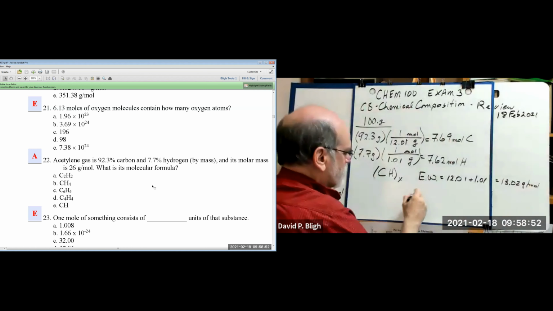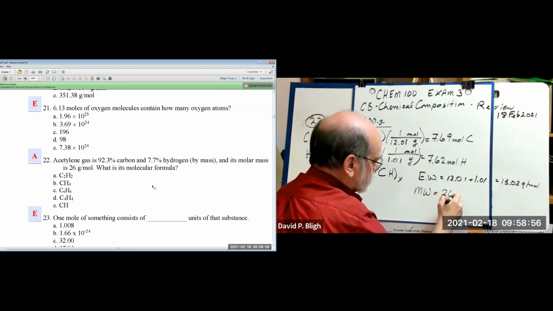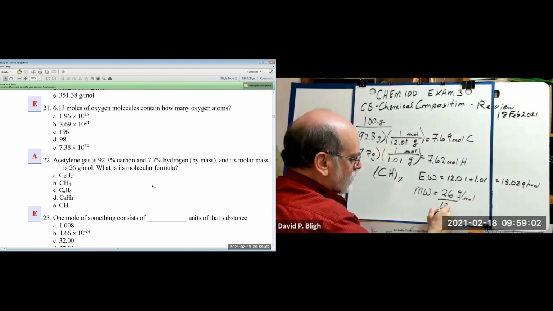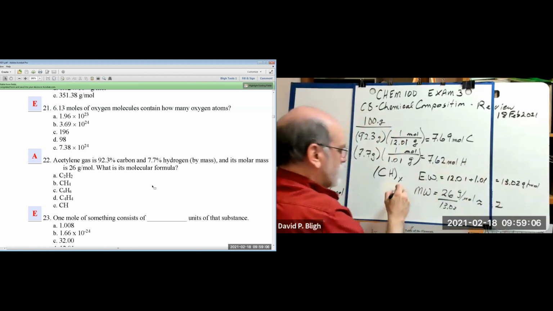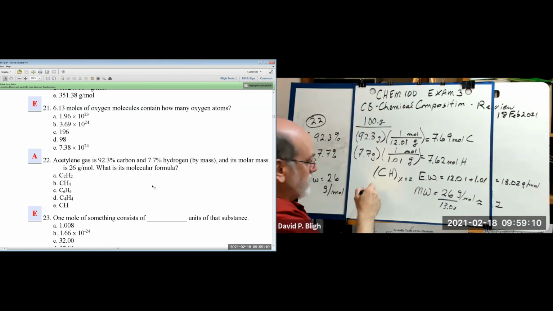And the molar mass, the molecular weight, is 26 grams per mole. So what's the ratio there? 26 divided by 13.02 is approximately 2. So that's equal to 2, and your molecular formula is C2H2.